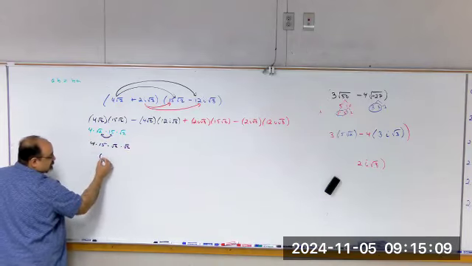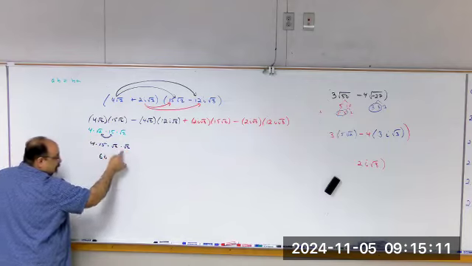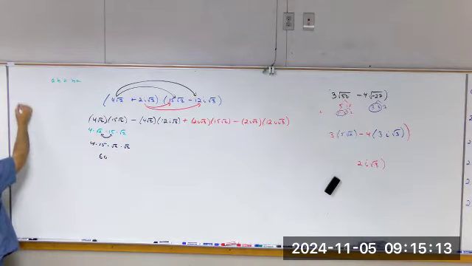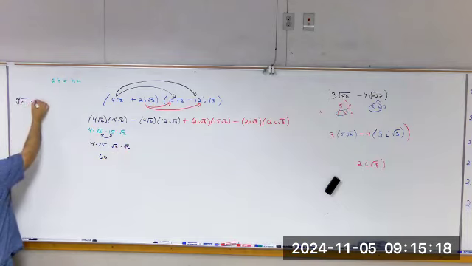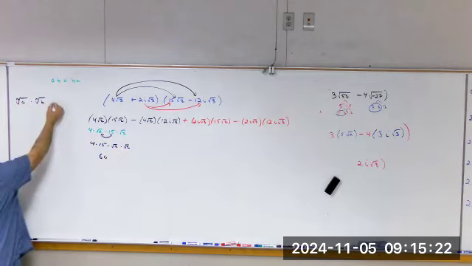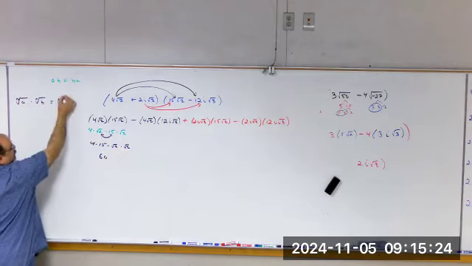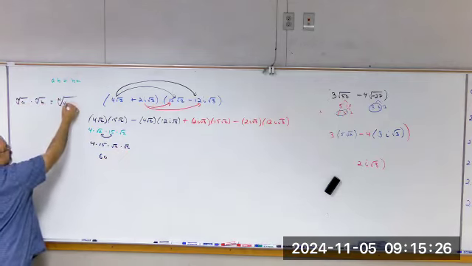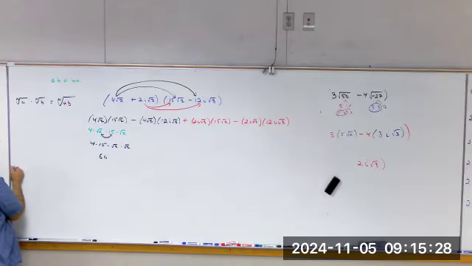4 times 15 is 60. And then this, the nth root of A times the nth root of B, as long as they're the same kind of radical, is just the nth root, one radical, and you multiply what's inside.